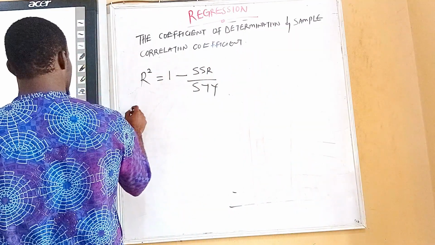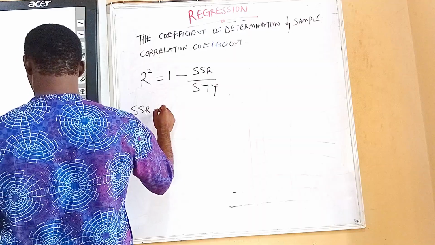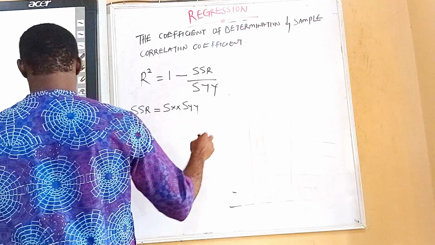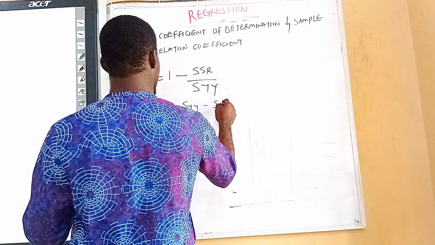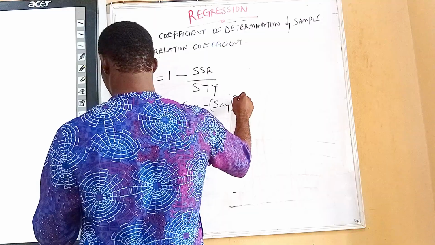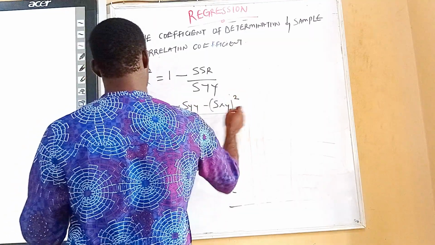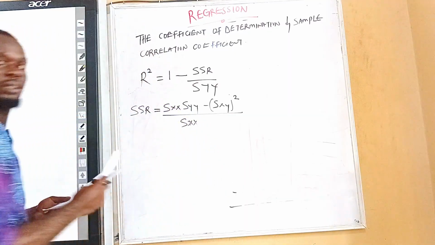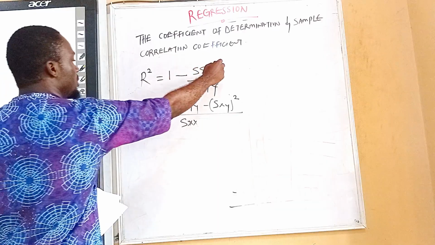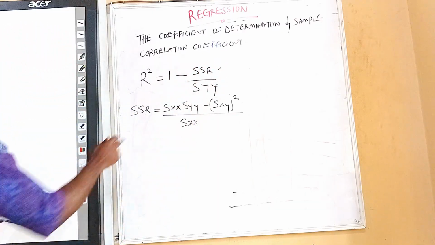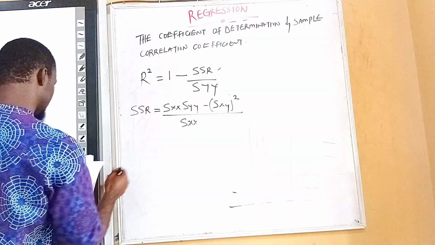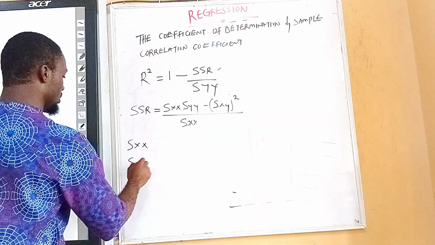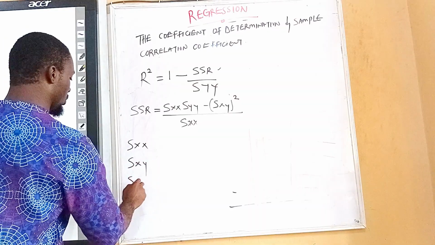Then SSR is equal to SXX times SYY minus SXY squared, all over SXX. Example 1.3. So here we have to find SXX, SXY, and SYY.